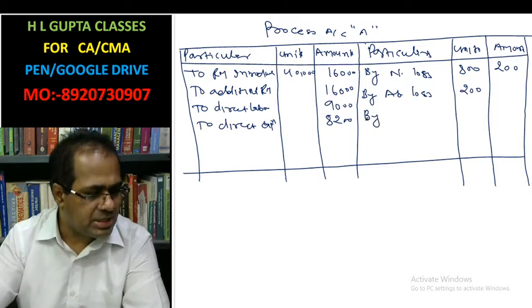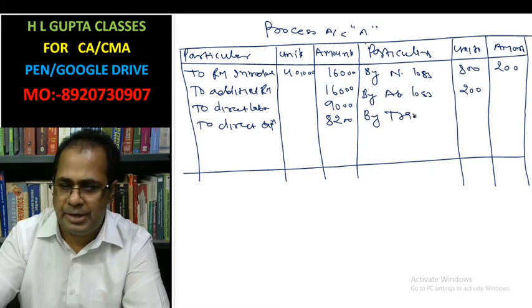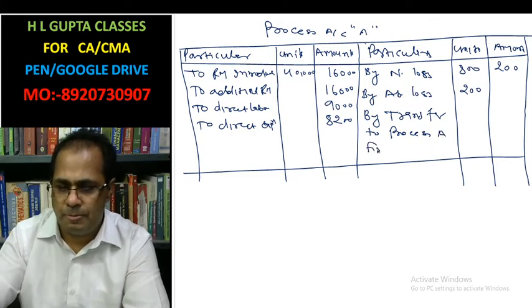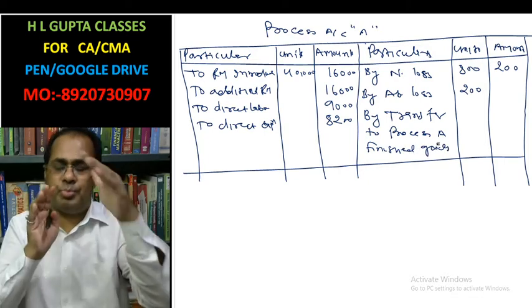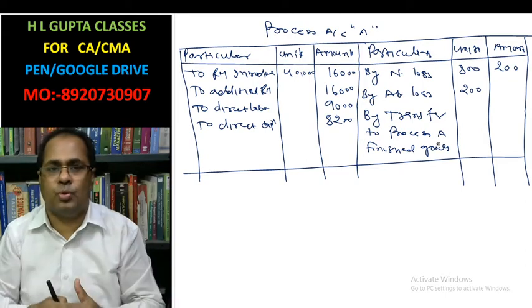By transfer to process A finished goods account. We are transferring from process A to finished goods of A. Why?